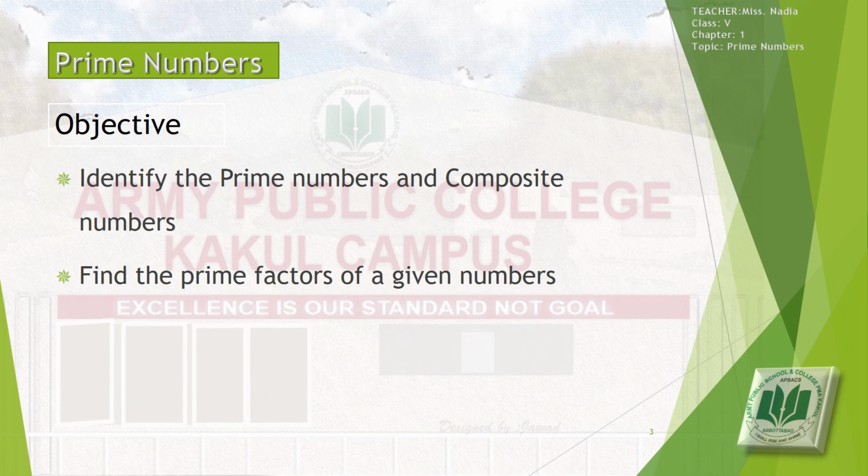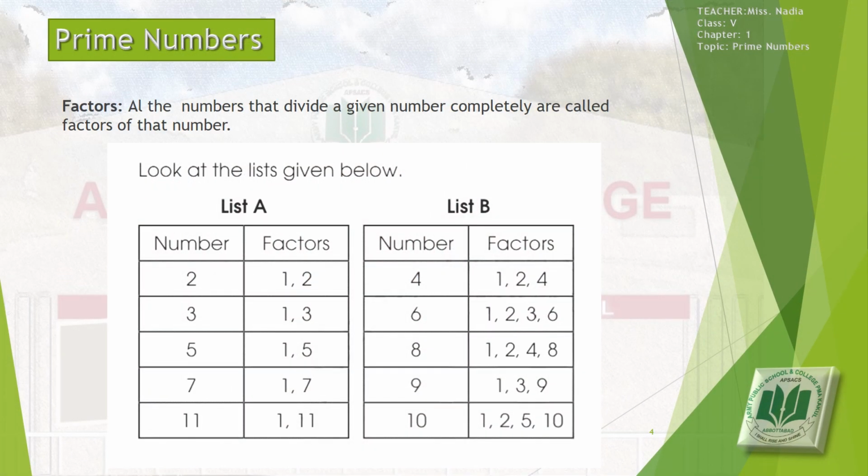Here the objectives are to identify the prime numbers and composite numbers and find the prime factors of a given number. Before defining prime numbers, first we must know what factors are. Factors are the numbers that divide a given number completely. For example, we have the number 4.